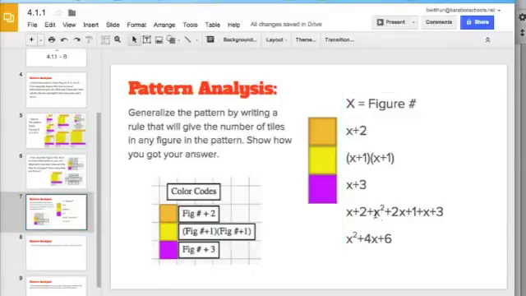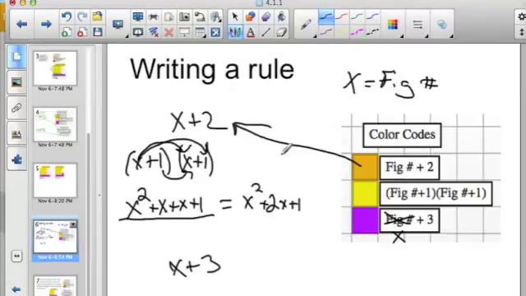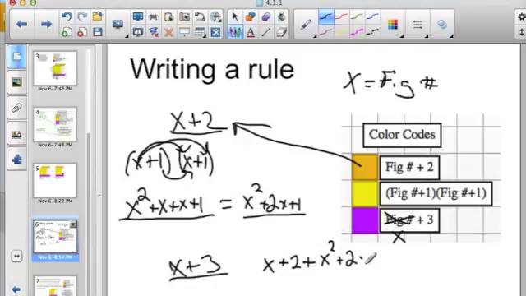So when I go back to my presentation, that's what you had here, x squared plus 2x plus 1. So how did I come up with this? Let's go back to that notebook file so I can actually write stuff down. What I did was I took this, and I took this, and I put them all in one long line. So it's x plus 2 plus x squared plus 2x plus 1, then plus x plus 3.